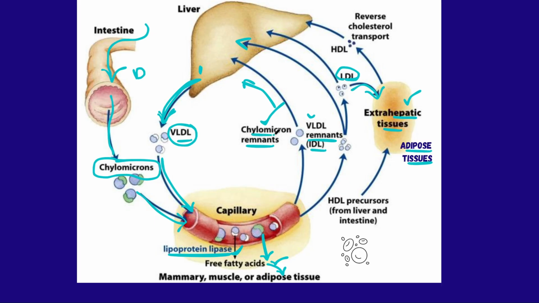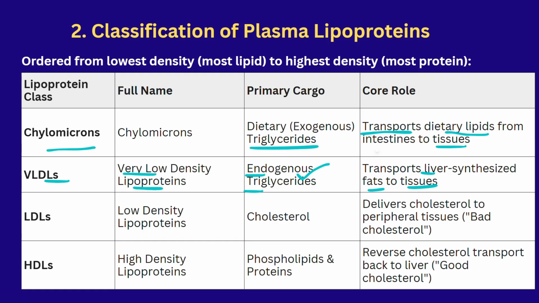The remnants of the chylomicron and the remaining products of the VLDL, either they will reach the liver or this VLDL is converted into the LDL. From the LDL it is stored in some of the tissues, or again this LDL is reaching the liver. So this is the fate of the VLDL and how it is being metabolized in the body.